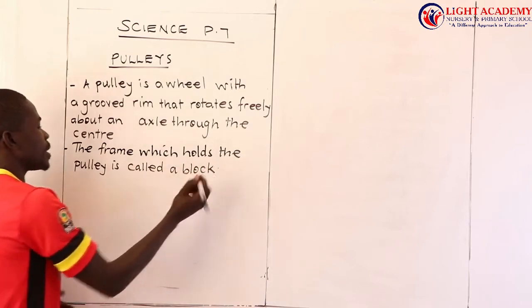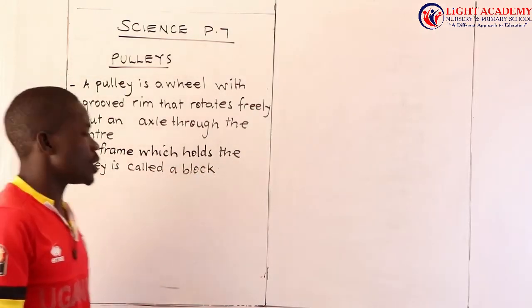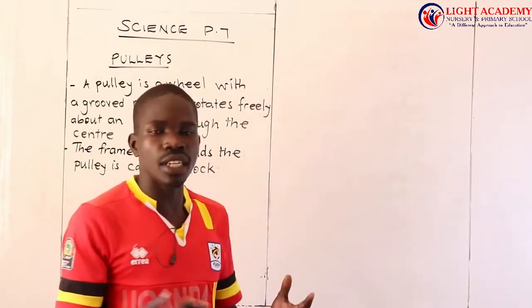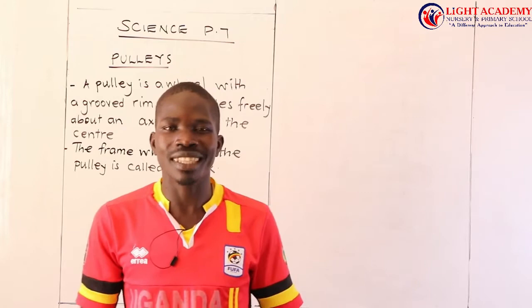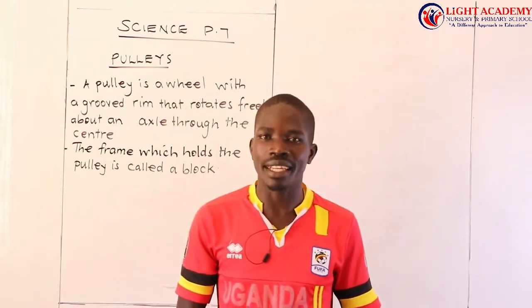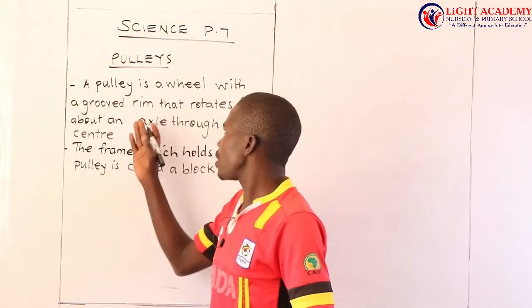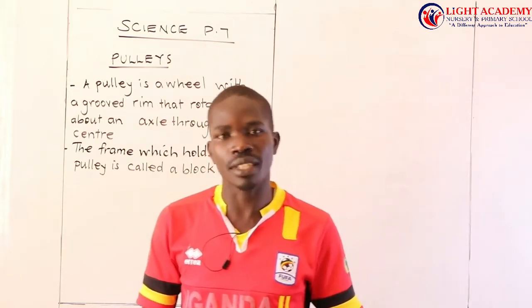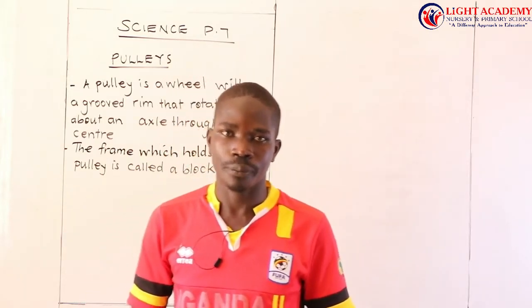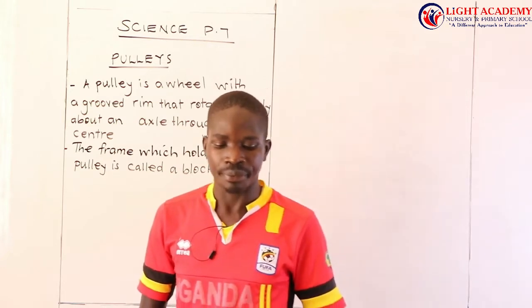A block is a frame which holds the pulley. And when they ask you what prevents the rope from sliding off the wheel, it is the grooved rim. The grooved rim prevents the rope from sliding off the wheel.